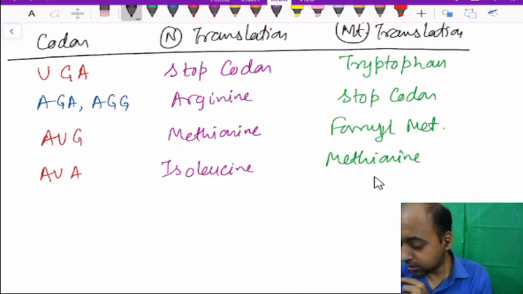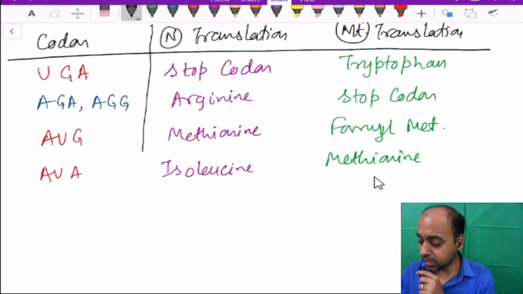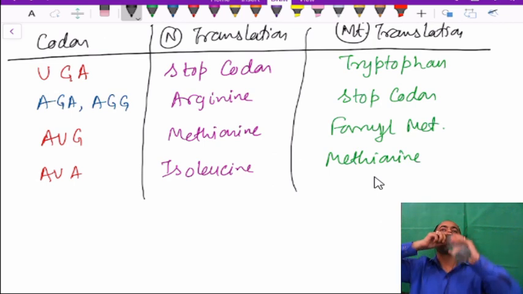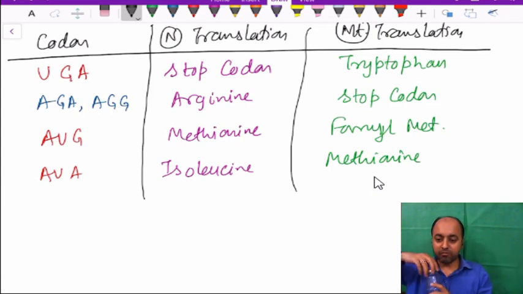Normally, the translation of each codon in any biological system should be the same, but there are certain differences that we can see in the mitochondrial translation.